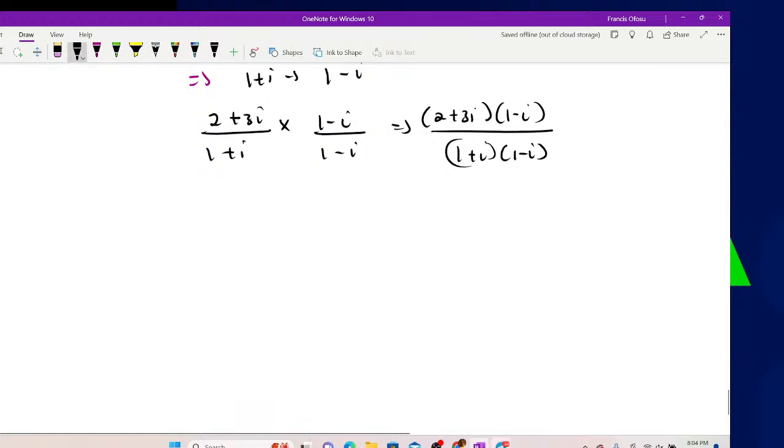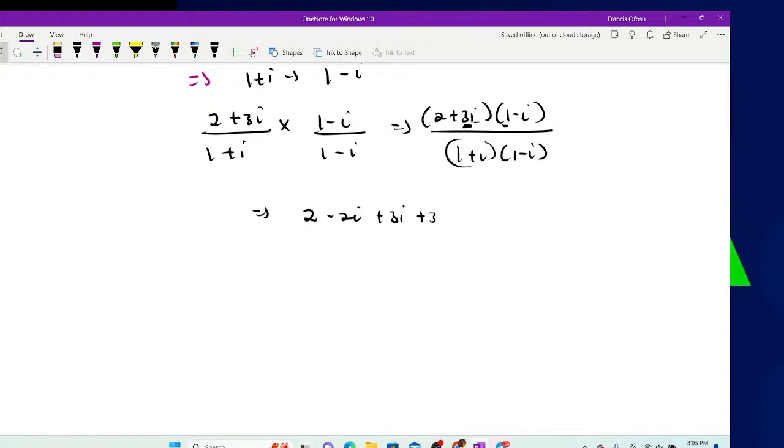I further simplify this. 2 times 1 is equal to what? 2. 2 times negative i is equal to negative 2i. 3i times 1 is equal to what? Plus 3i. Then 3i times negative i, which you have done before. You know, i times i is negative 1, making it positive.